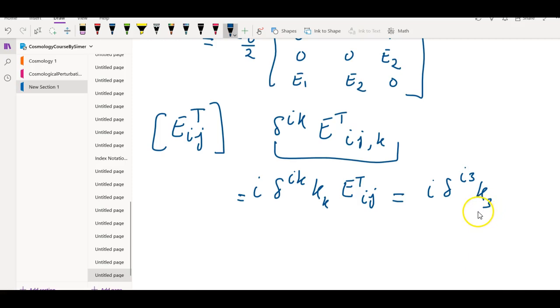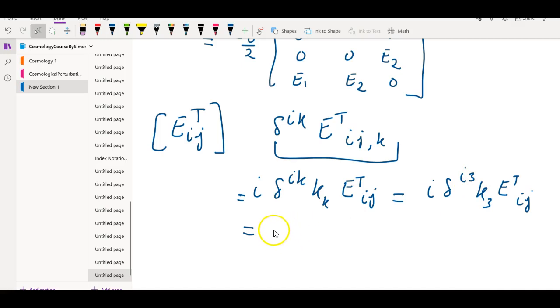Is it making sense? Only K3 survives, and from here only I equal to 3 survives.